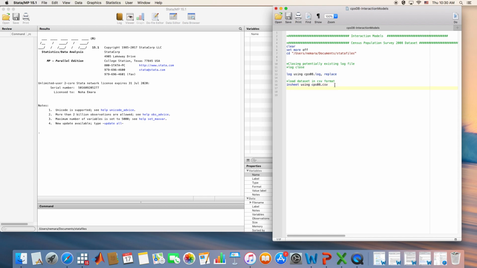So what we're going to do is first of all, we're going to start with the main model without any interactions, and then I'm going to talk about interaction.